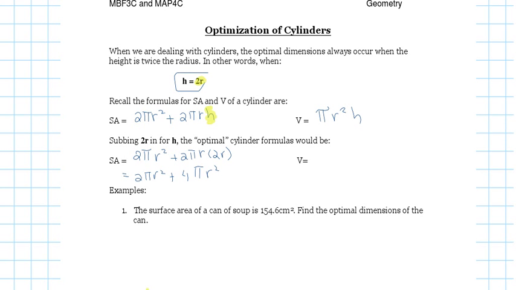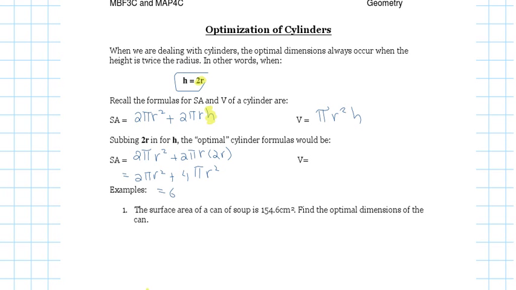So it's 6 pi r squared. Correct. So 6 pi r squared is the surface area of your optimal cylinder shape. Now, do you have to come up with this formula every single time? No, because now you know it. You know that your optimal surface area for a cylinder is 6 pi r squared.